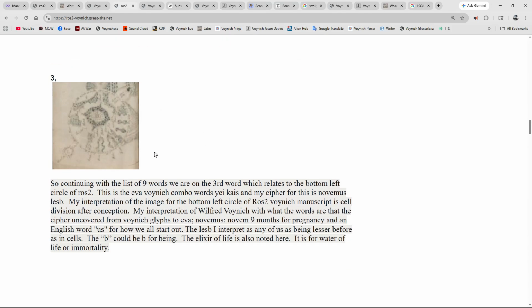Now this, I don't think I need much explaining to do. This does look like cell division. The third circle, bottom left-hand corner of the Ros2 Map rosettes. You can see that, and what I should explain, I didn't explain, was the elixir of life.